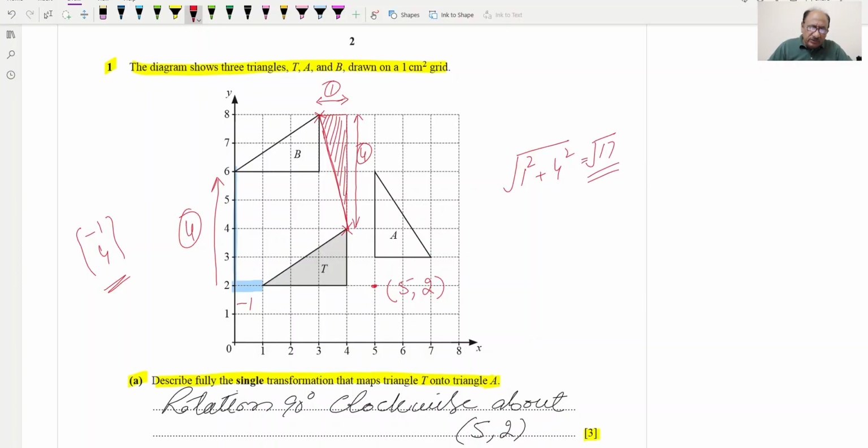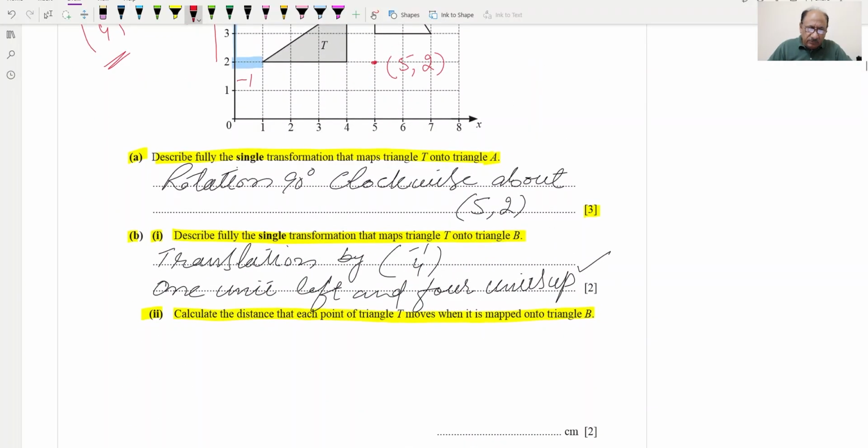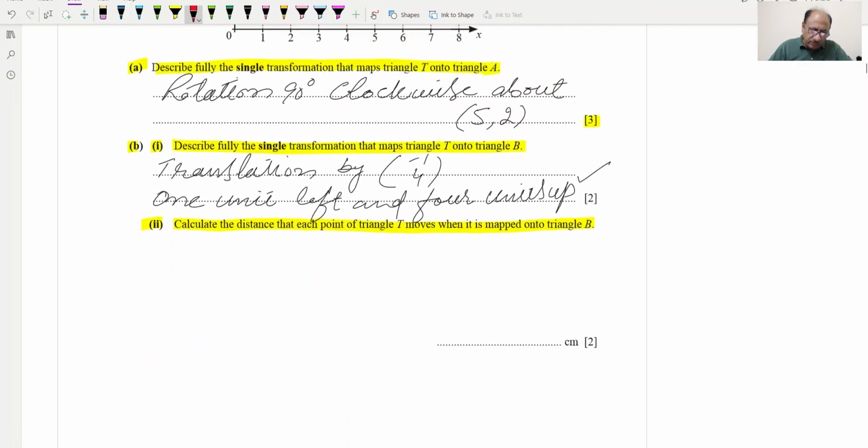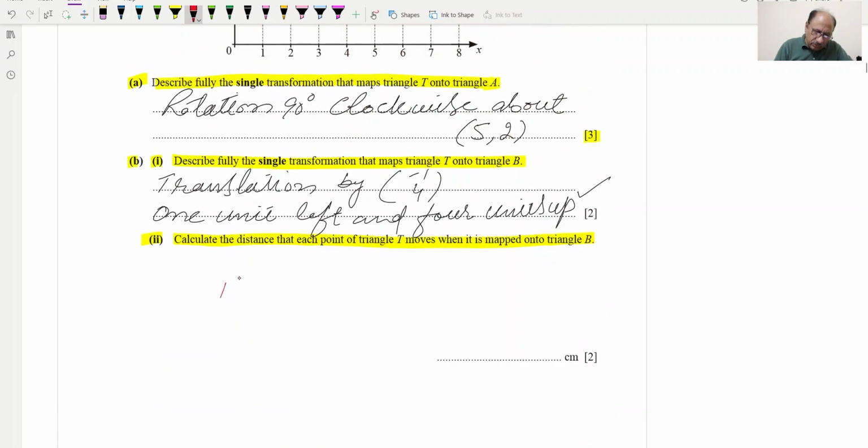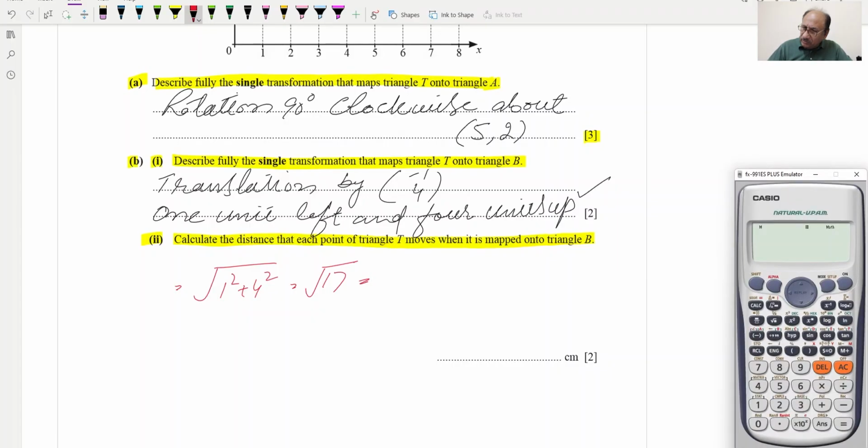So this working we can provide over here. We can write the square root of 1 squared plus 4 squared. This will be the distance, and that will be root 17, which in decimal is 4.123.